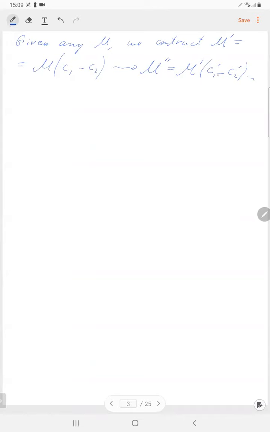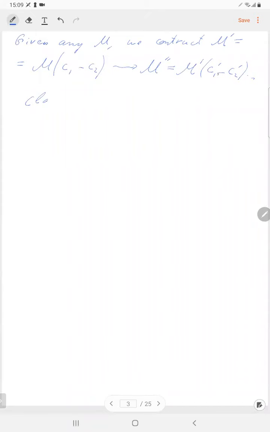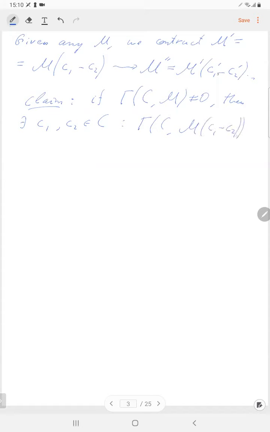So what I claim is that if the global sections of C with coefficients in M are not zero, then there exist 2 points C1 and C2 such that the dimension of global sections with coefficients in this twisted M is smaller than the dimension of global sections of the original invertible sheaf M. Okay, so then eventually I can make this dimension 0.